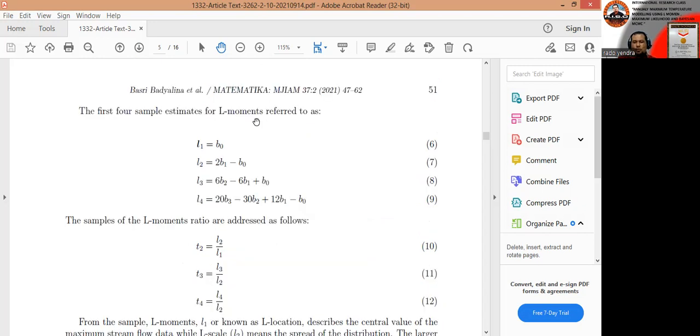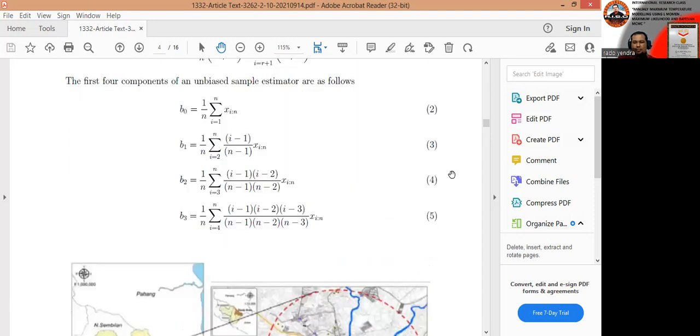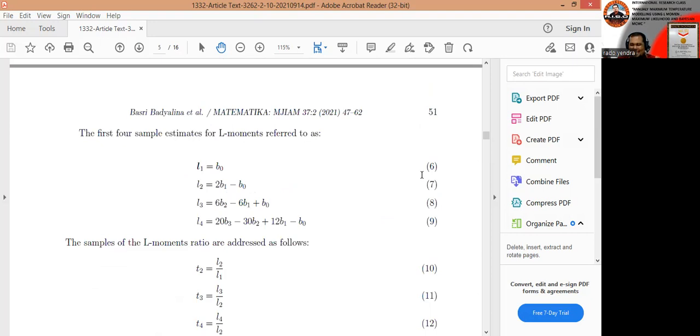B0, B1, and B2 we can find in equations 3, 4, and 5. So in this research article, it is very clear how to use the L-moments to estimate the parameters.